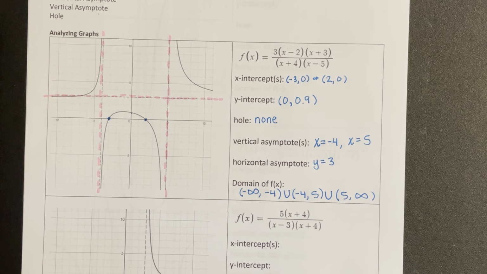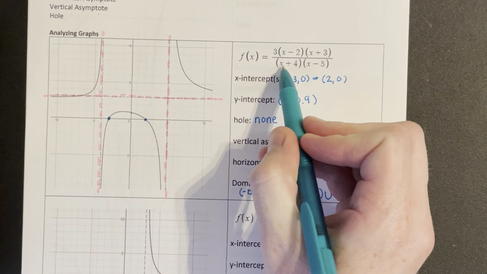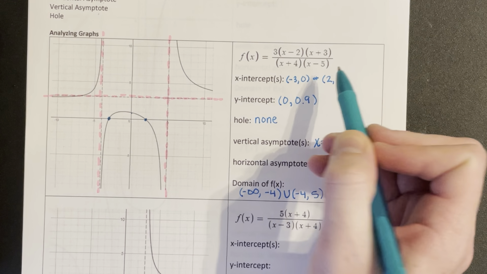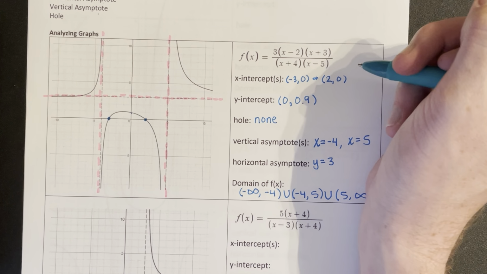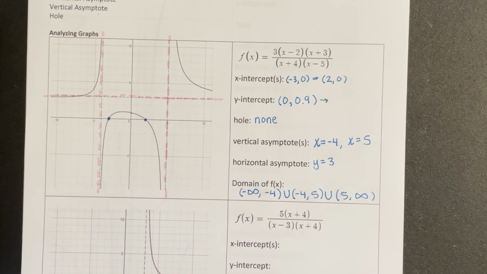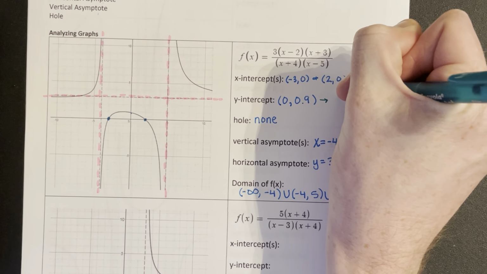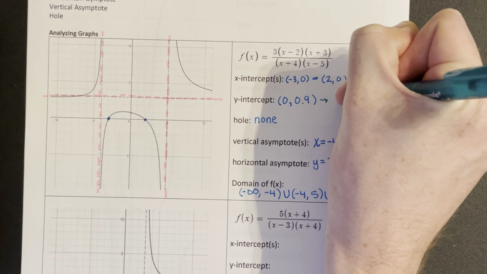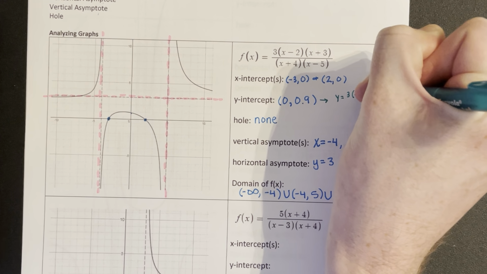So algebraically, we may need to actually find these. The vertical asymptotes are coming from the denominator here. If we want to find the y-intercept, this was the one that we had to really estimate. That's just the value of y when x is 0. So I'm going to plug in 0.